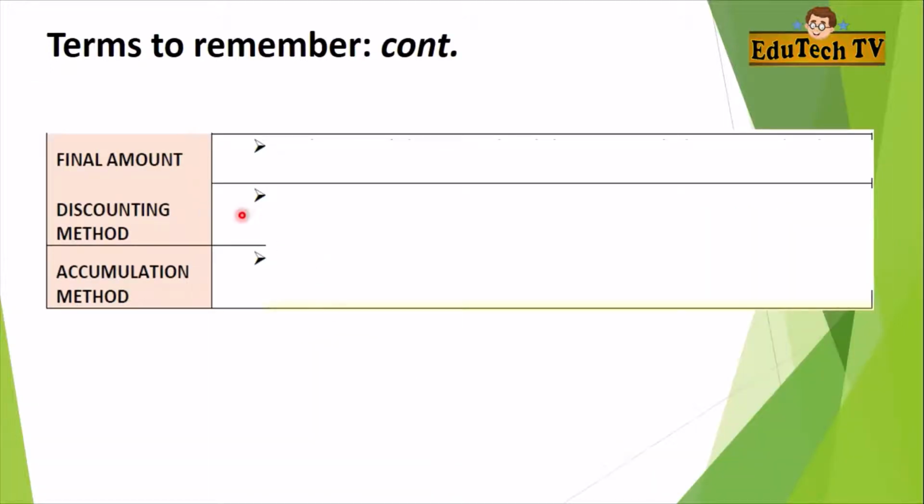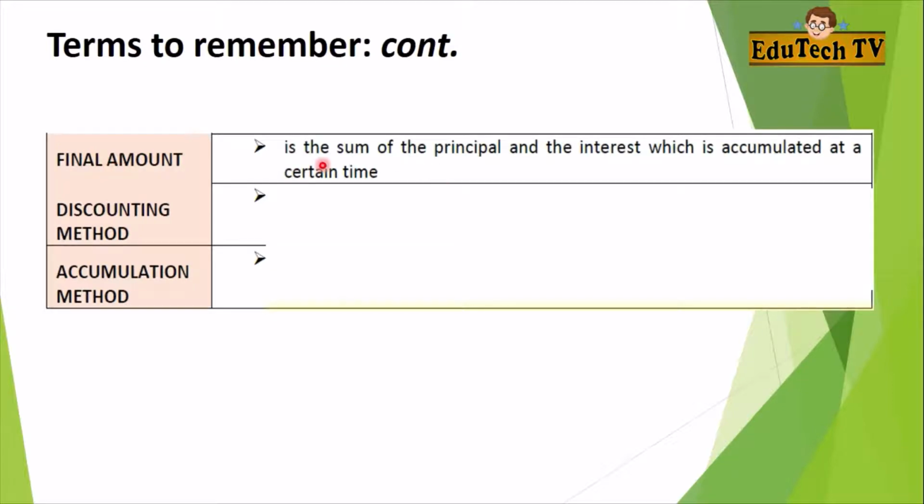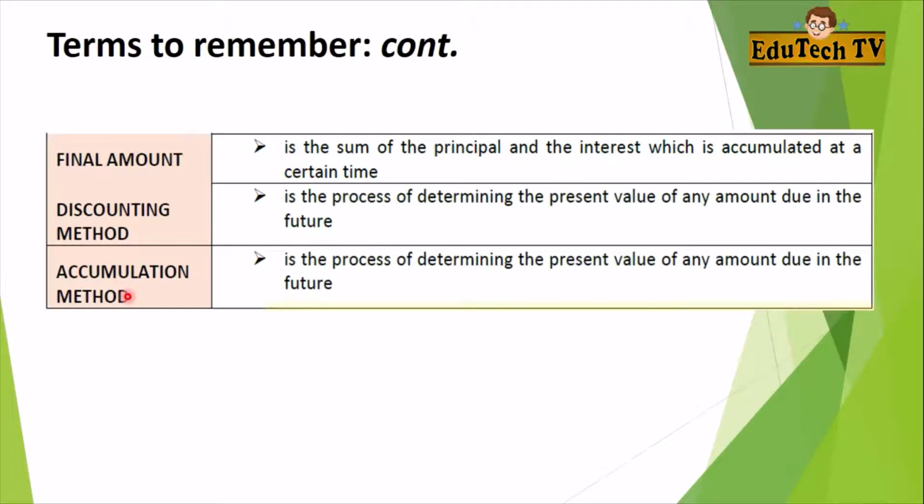For the other terms, we have the final amount, which is the sum of the principal and the interest accumulated at a certain time. The discounting method and accumulation method are both processes of determining the present value in the future. So here are the formulas that we are going to use in this course.